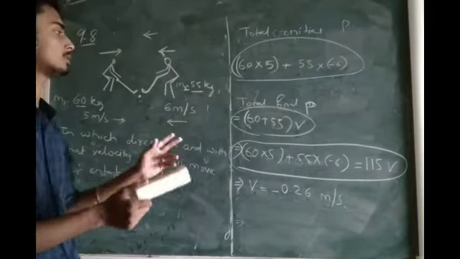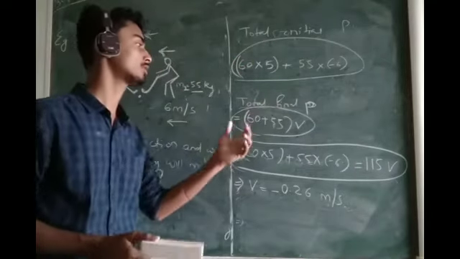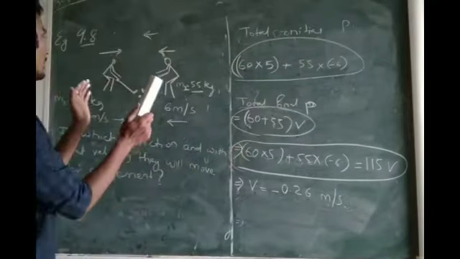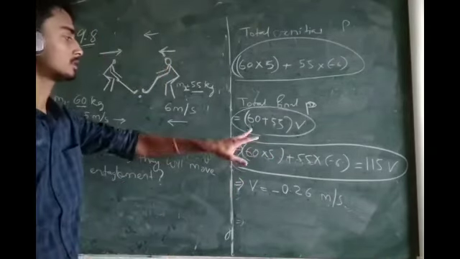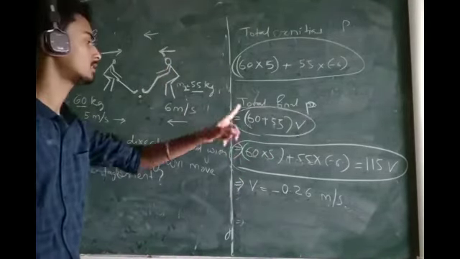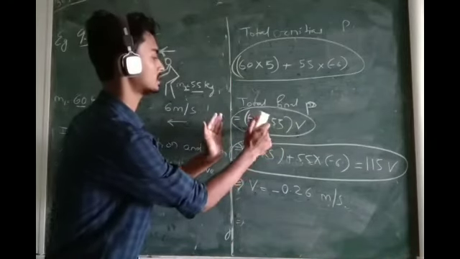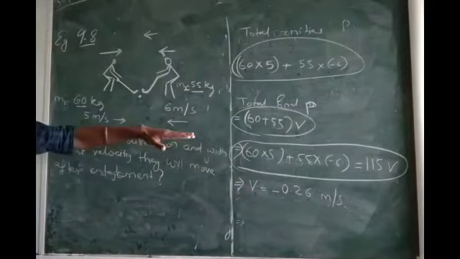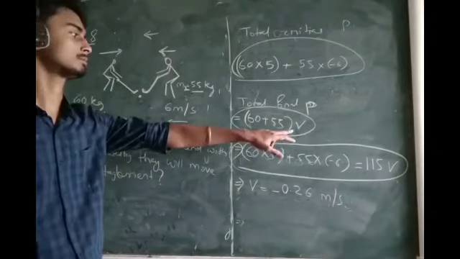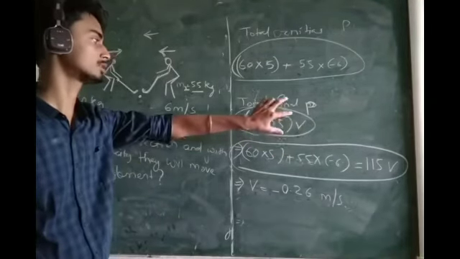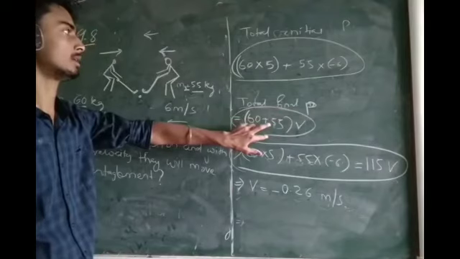Now after the entanglement, what will be their mass? As both will be moving in one direction, we have to take the mass of both bodies. One has 60 kg and the other has 55 kg, so the mass will be 60 plus 55, and we don't know their velocity. Let us represent it as V. So this will be the total final momentum.